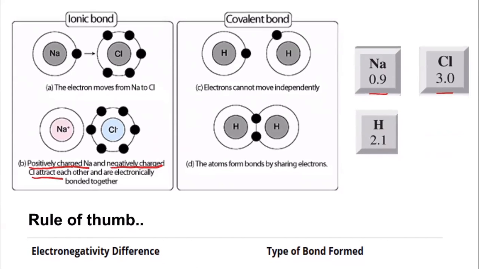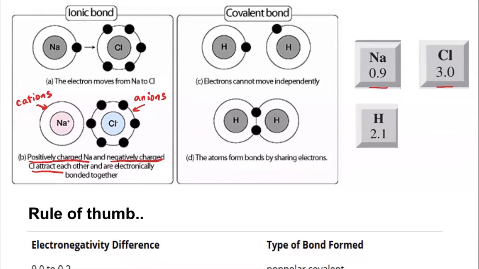We also have names for these differently charged ions. The sodium, or the positively charged ion, is called a cation. And the chloride ion is called an anion. Basically, this is how the ionic bond is built up.